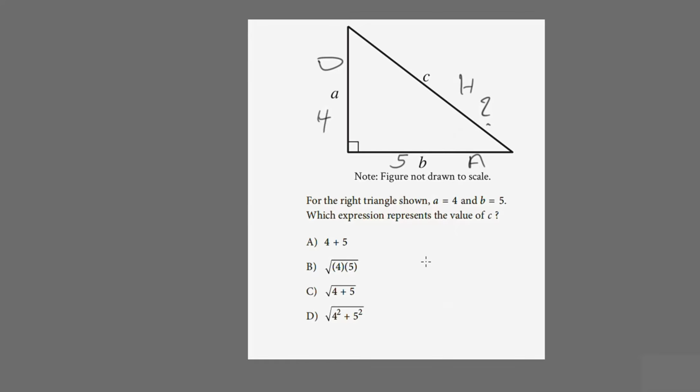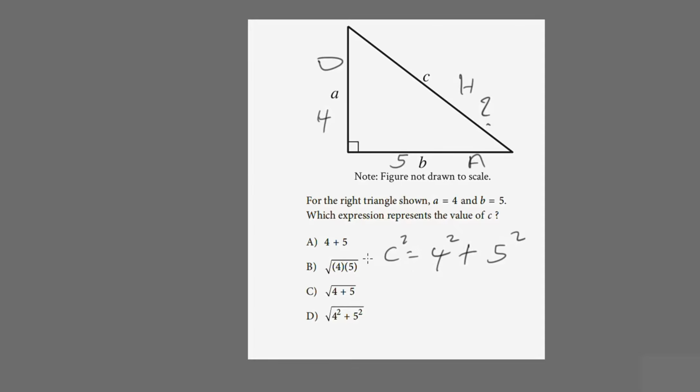So from the Pythagoras theorem, which expression represents the value of c? It will be c squared equals 4 squared plus 5 squared.